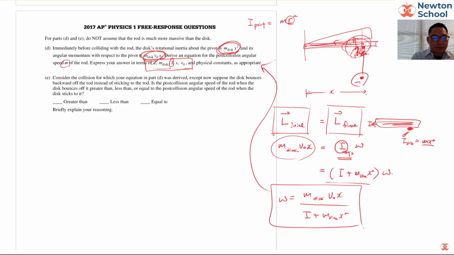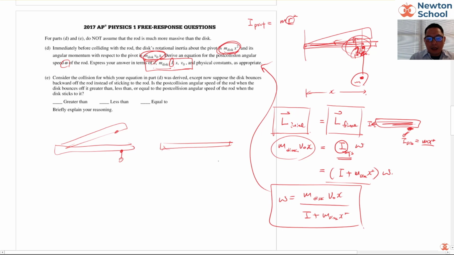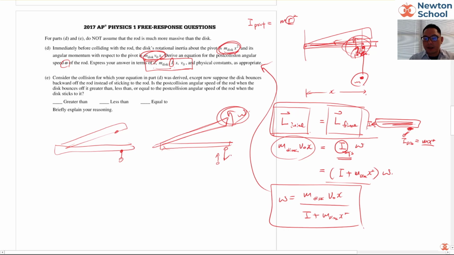Basically, instead of sticking and moving together, if this guy hits and bounces off, will the rod spin faster? That's the question. Obviously it will spin faster, but let's think about it using a momentum case.